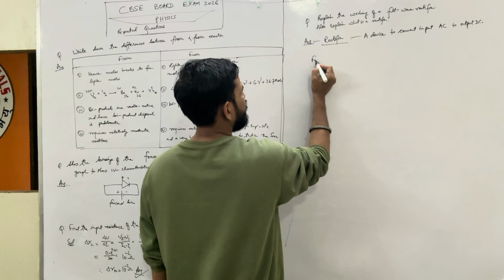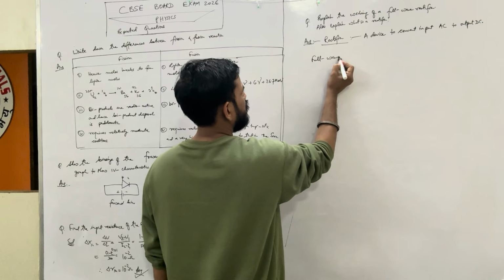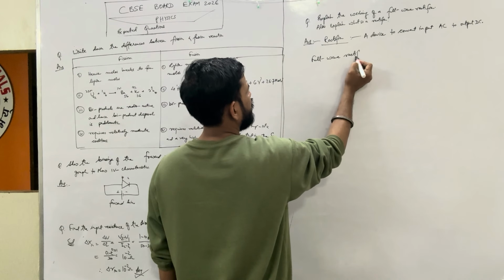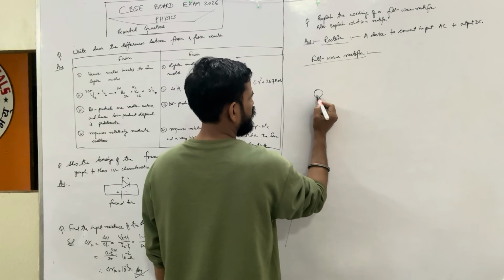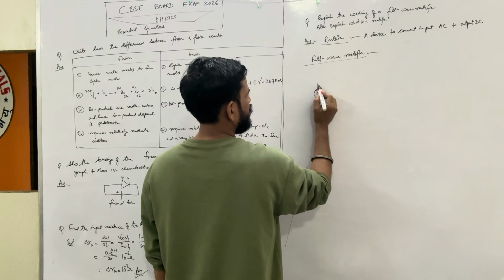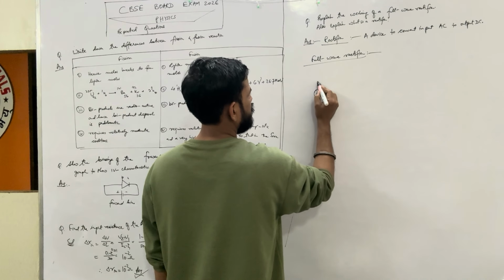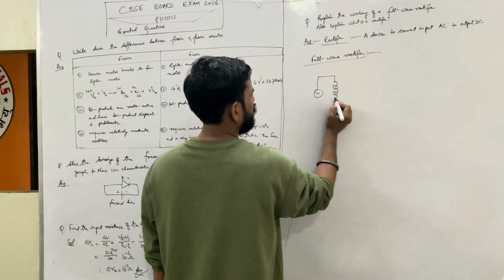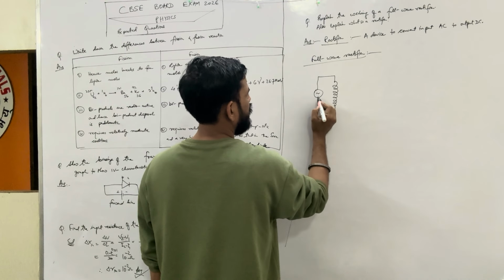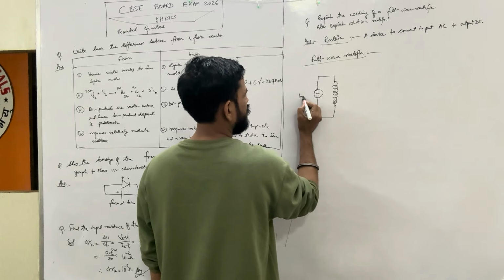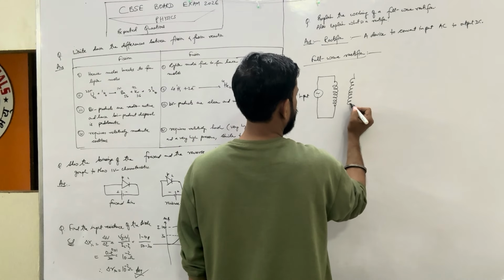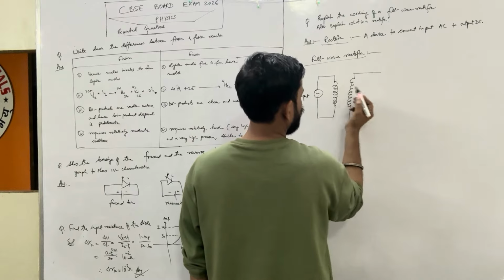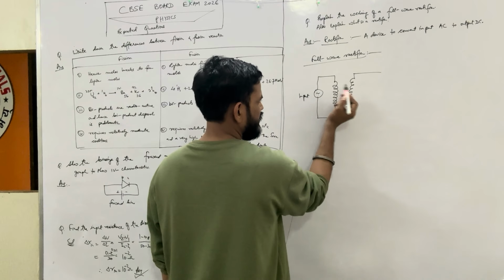Now we'll see the full wave rectifier. What is a full wave rectifier? There is input AC and you have an inductive coil. So this is input, and there will be another coil to which the flux will get induced.